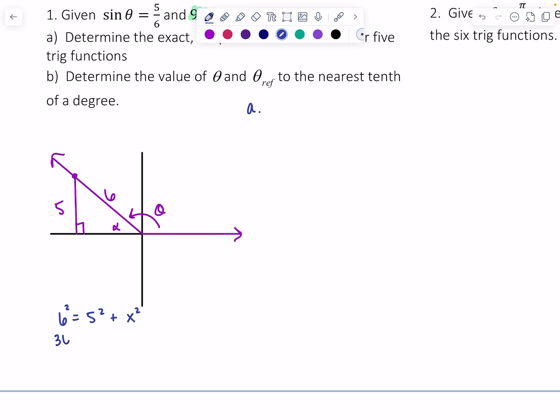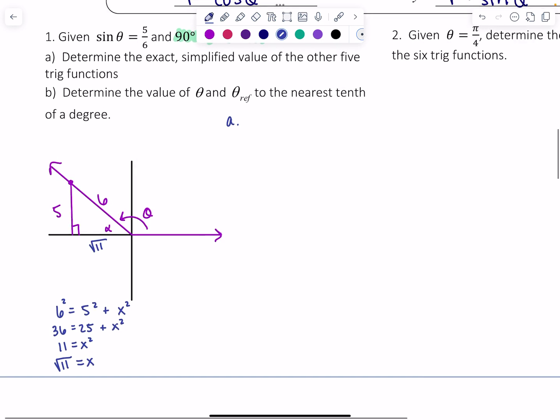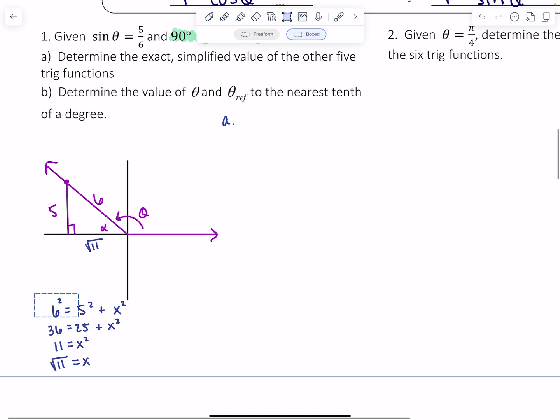So we have 36 is equal to 25 plus x squared. And that's going to be minus, so 11 equals x squared. Therefore, the square root of 11 equals x. So we know that this side is going to be square root of 11. Okay, so now we have all the side lengths that we need.